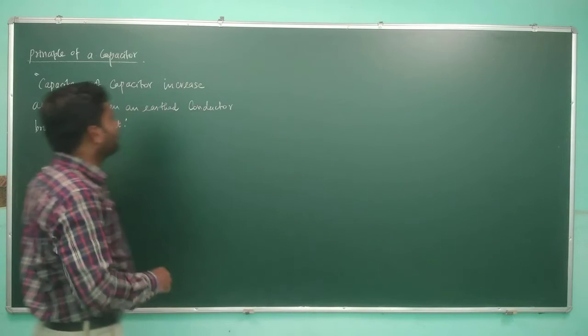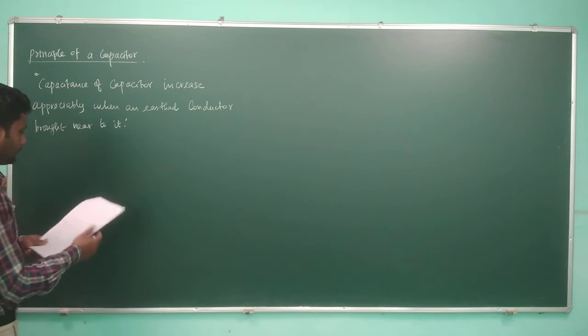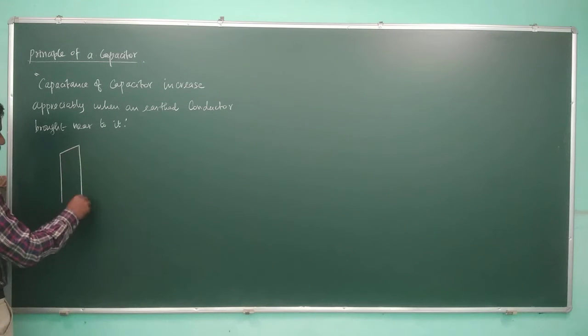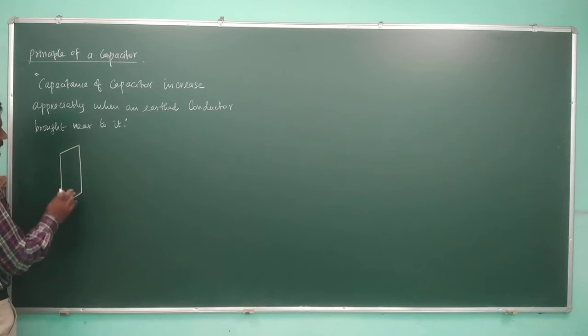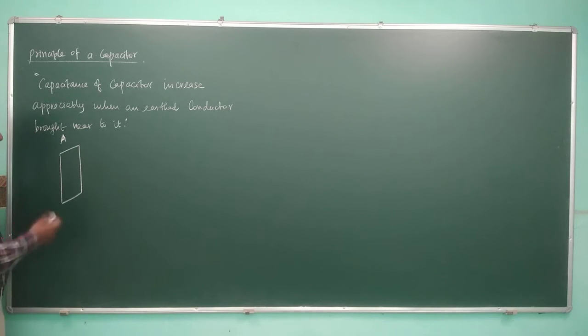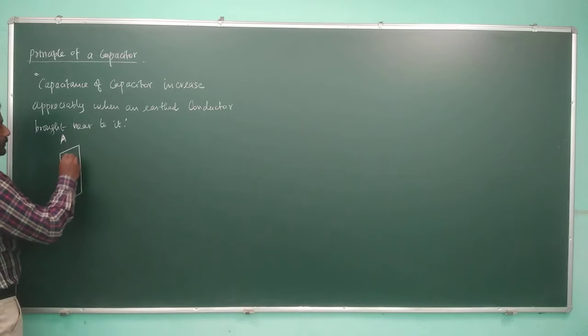But let's see how it happens. Let us consider a capacitor. Let us consider a conducting plate A, which is charged now. Assume that it has positive charges.